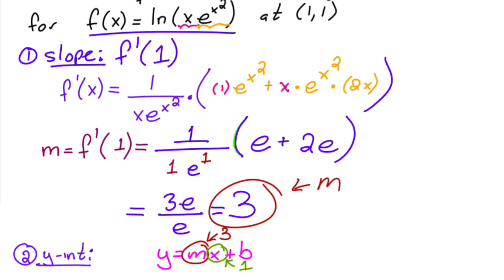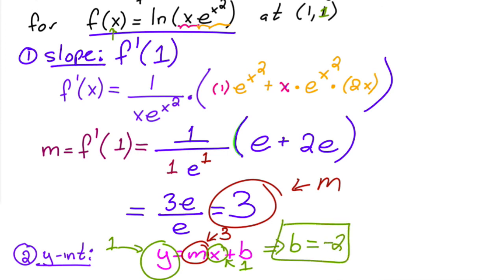And then you plug in your y value, which in this case is given. It's also equal to 1. But if it wasn't given, you would simply plug the x value into the original function and you would get the y value that way. So if you do that, you would get that b is equal to 1 minus 3, so negative 2.